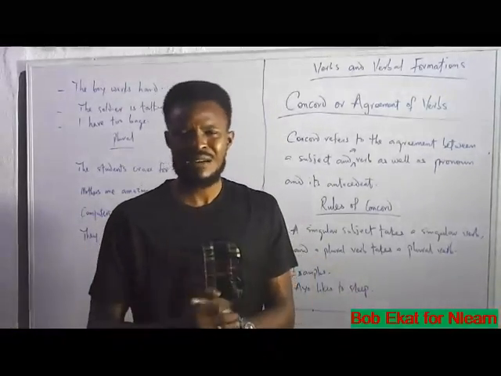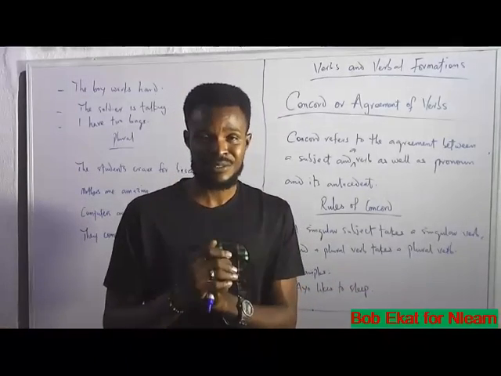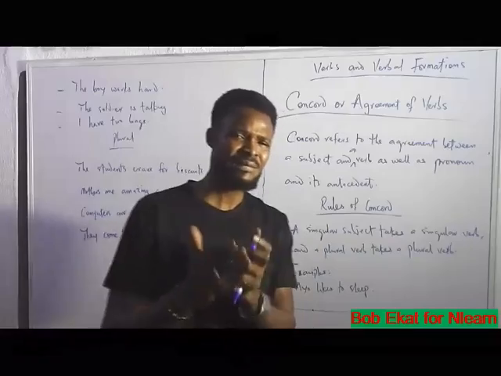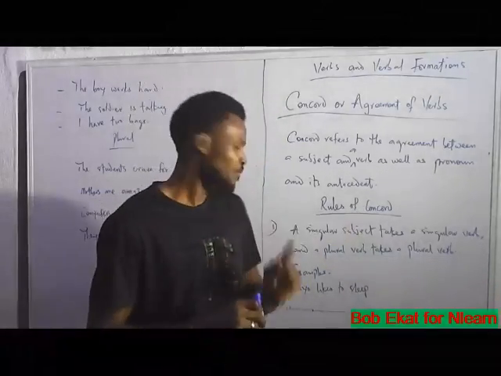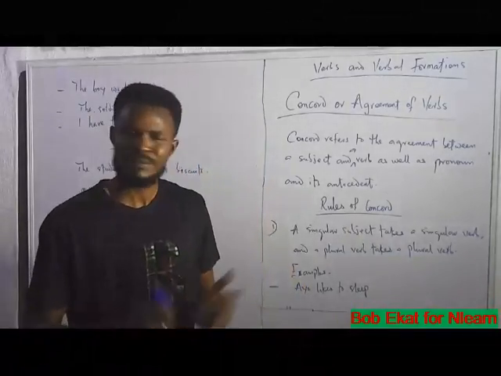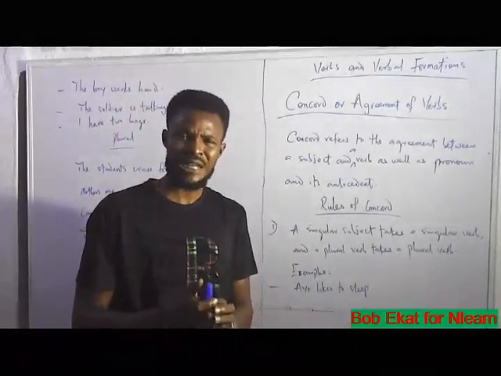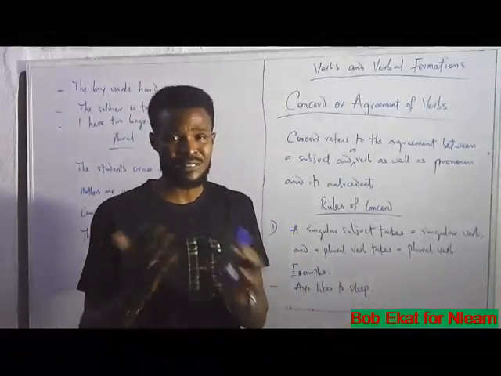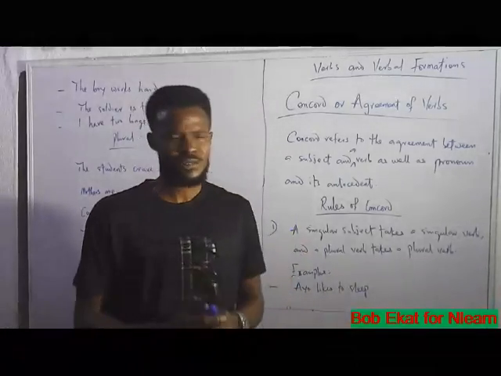But then there are rules of Concord. To help you understand Concord well, we need to examine the rules of Concord. The first rule of Concord, not necessarily the first, there are many rules of Concord. We shall try to condense these rules into 5. But most usually, this is the first rule.